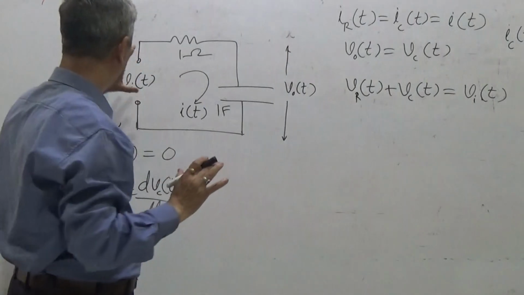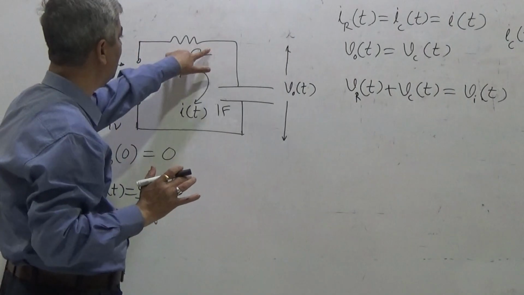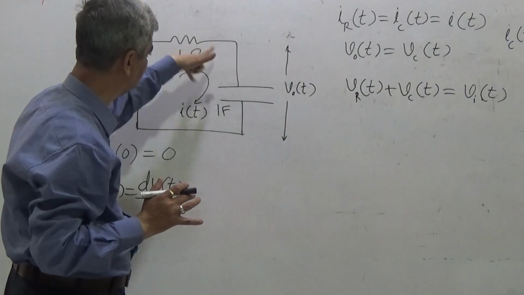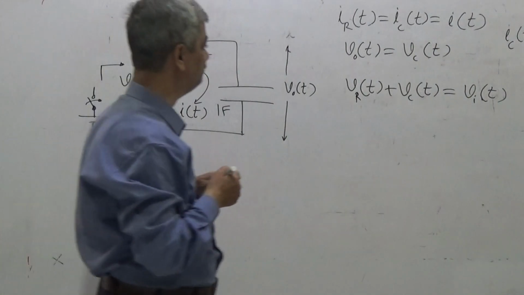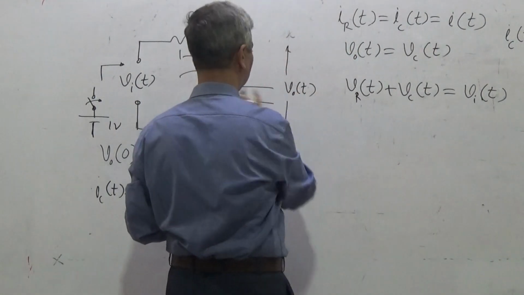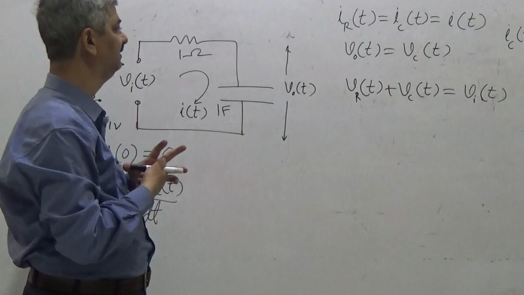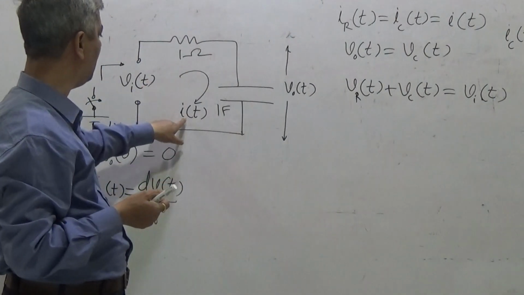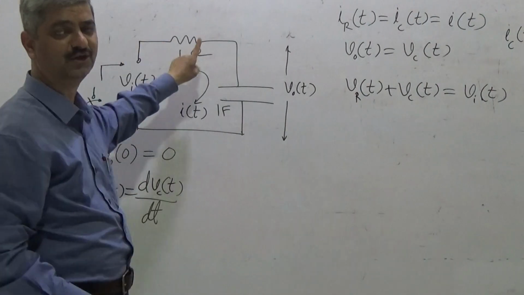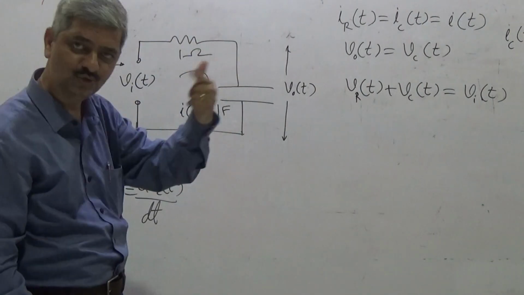Kirchhoff's mesh law: V_in(t) is equal to V_R(t) plus V_C(t). What is V_R(t)? It is a resistor, so voltage across the resistor is equal to resistance into current.